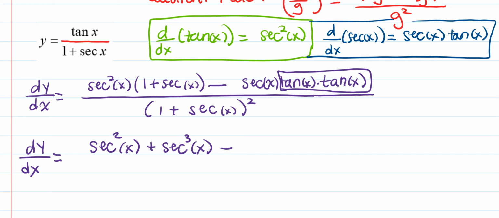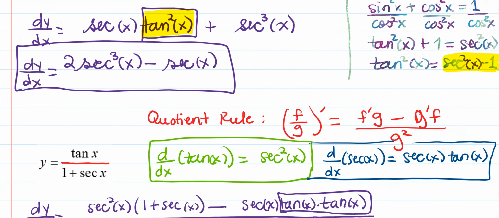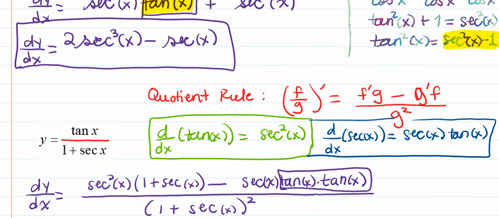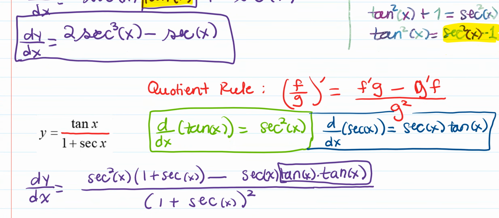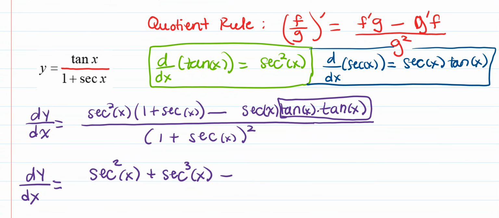And if we remember what was said earlier in the other problem, tangent square of x is secant square minus 1. So here we go. This is secant square of x minus 1. So when you distribute the secant, you will have minus secant to the third of x.